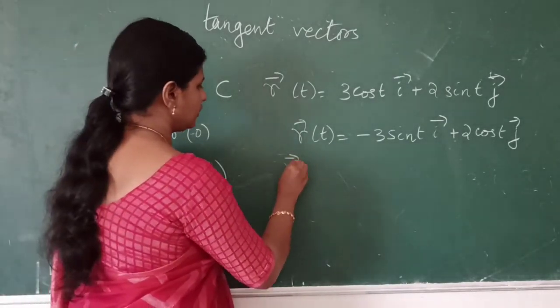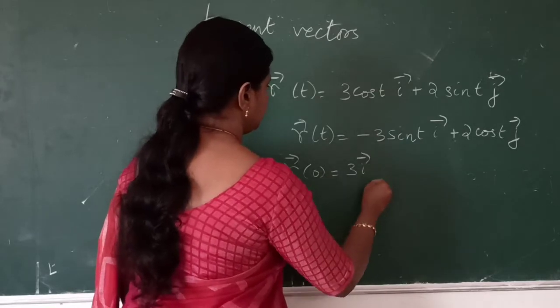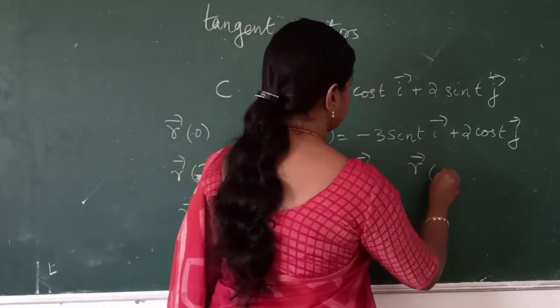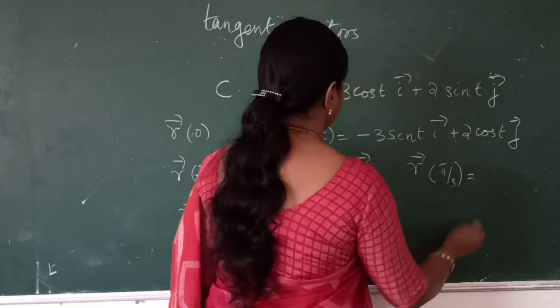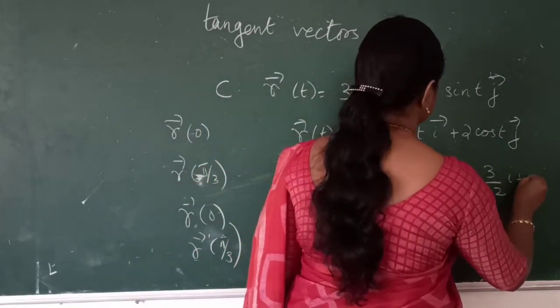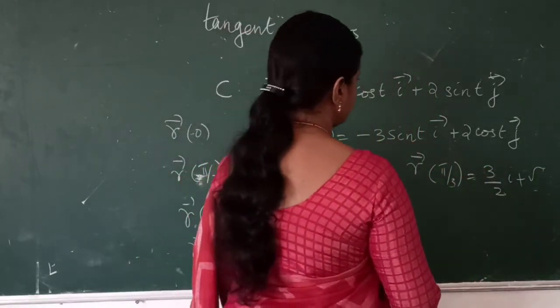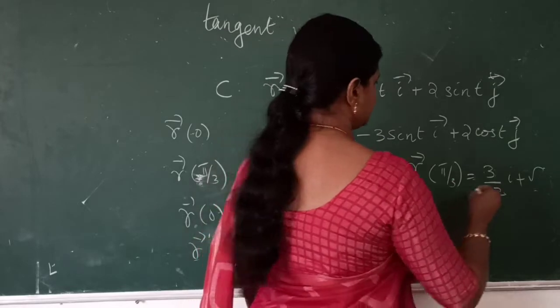Now we want to find all these vectors. So we have r of 0 is equal to 3i. Now r of pi by 3 is equal to 3 by 2 i plus root 3 by 2 times 2, so that is root 3 j.